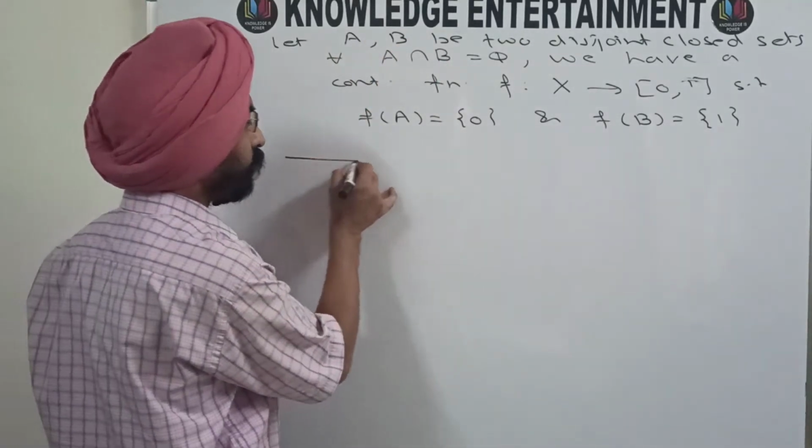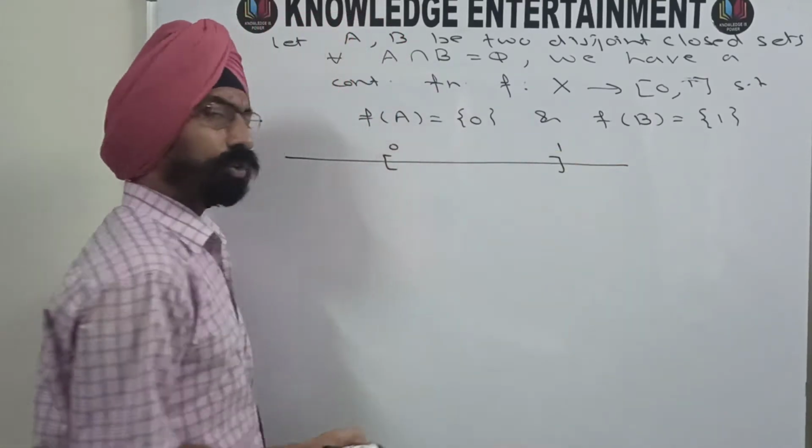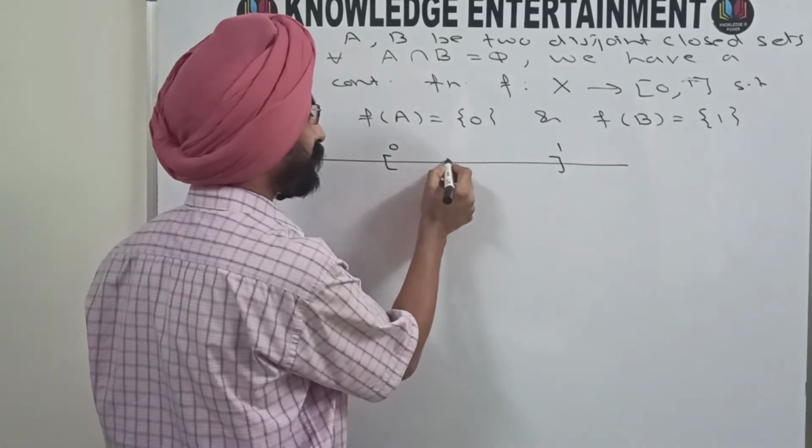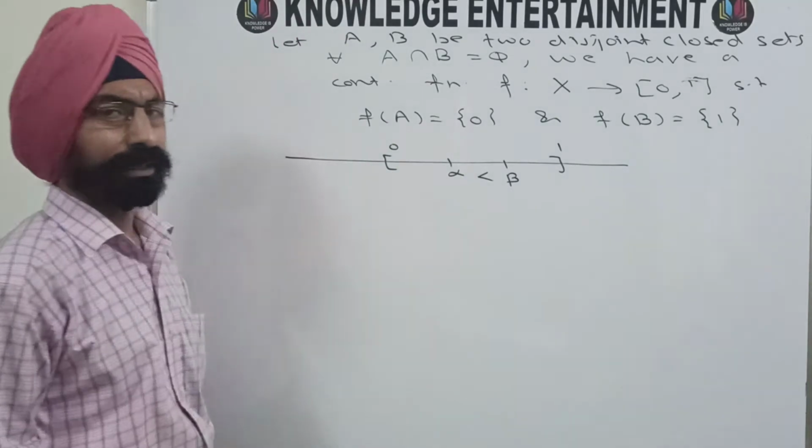So on the real line, here it is 0, here it is 1. Choose two points alpha and beta here such that alpha is less than beta.